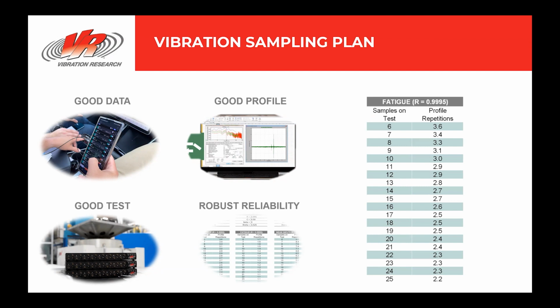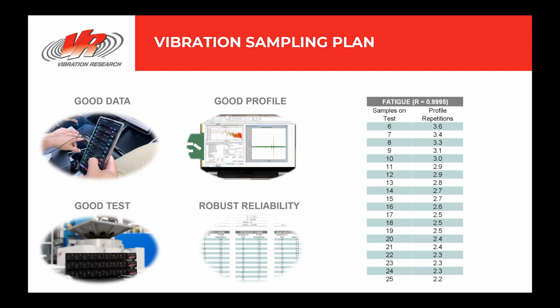The best way to develop this profile is to use Vibration Research's Fatigue Damage Spectrum, or FDS, software. Then, of course, the profile must be well executed in the lab, using an appropriately sized shaker, representative fixturing, and optimal control parameters.